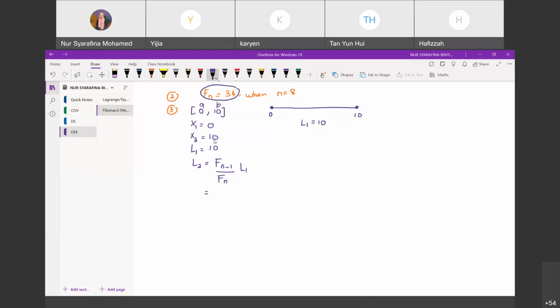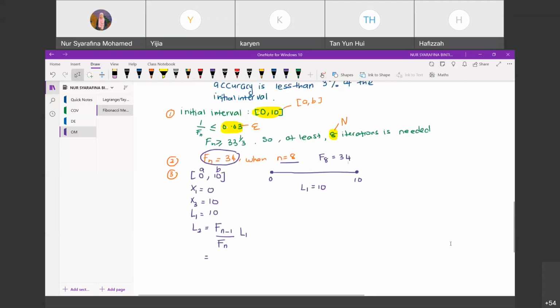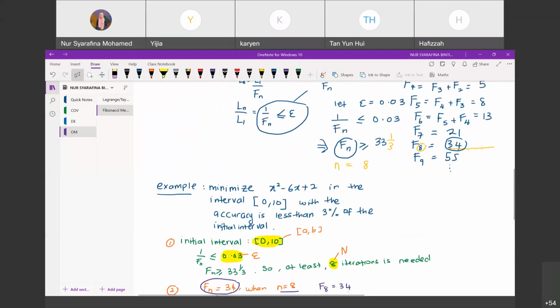What is n? n is 8. So F8 is 34. n minus 1 is F7. What is F7? 21.